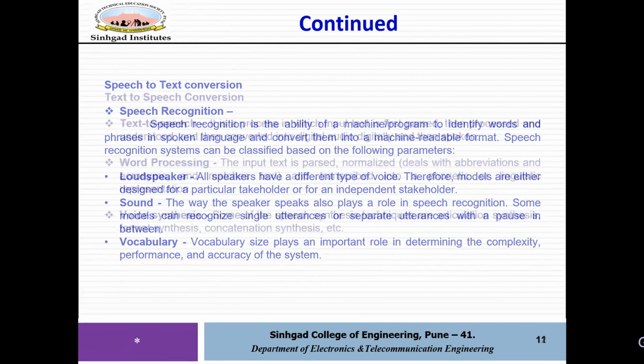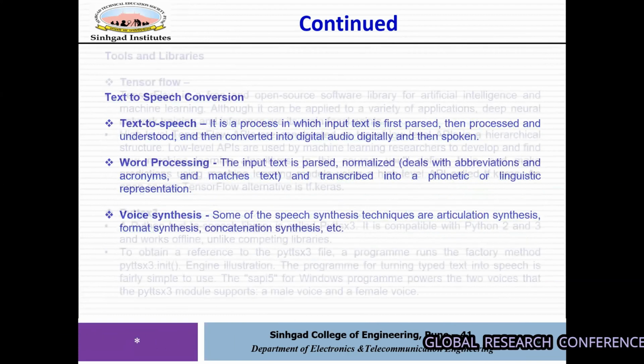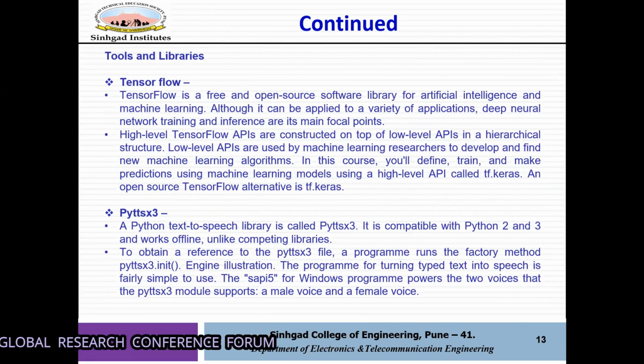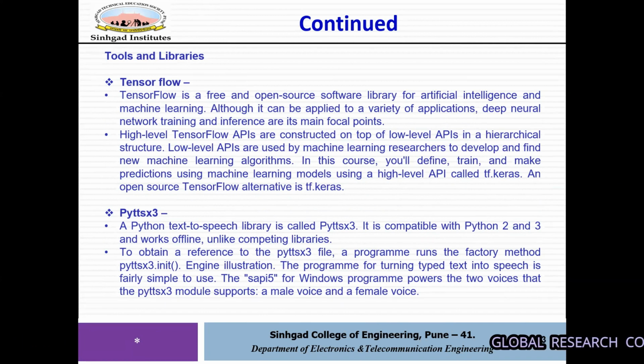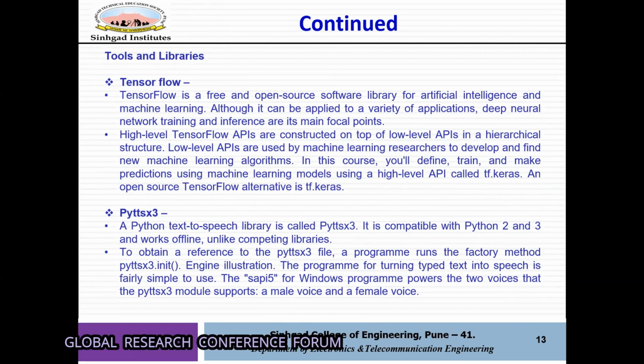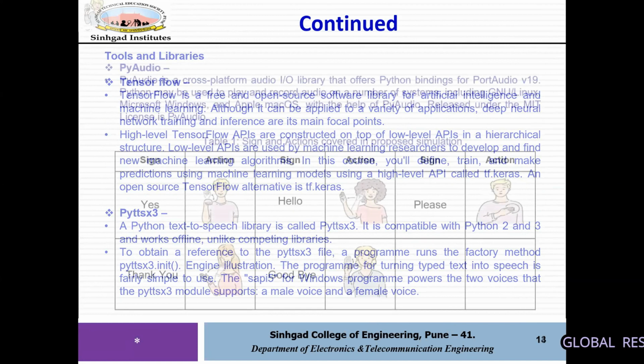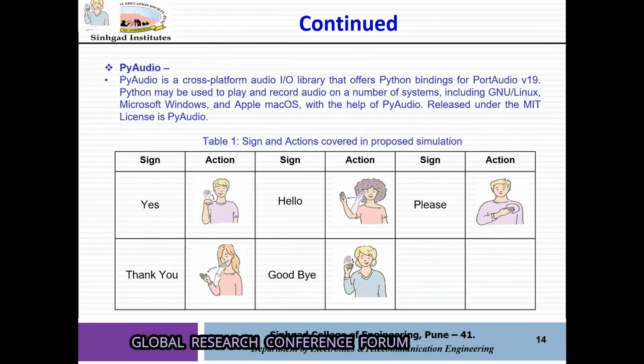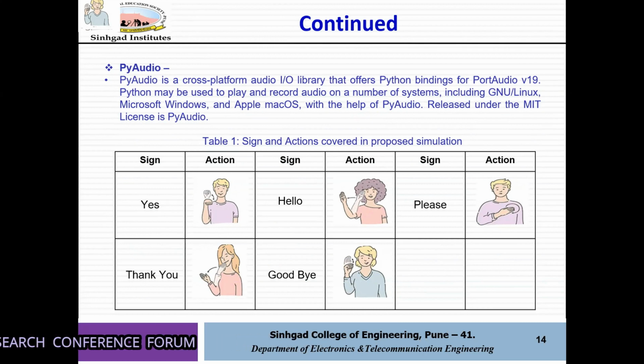We have used libraries like TensorFlow, then Python text to speech library, and the Pi audio. We use these libraries to train our model and increase its efficiency. Currently, we have trained our model into 5 of the following ASL actions and its audio files, like yes, hello, please, thank you, and goodbye.